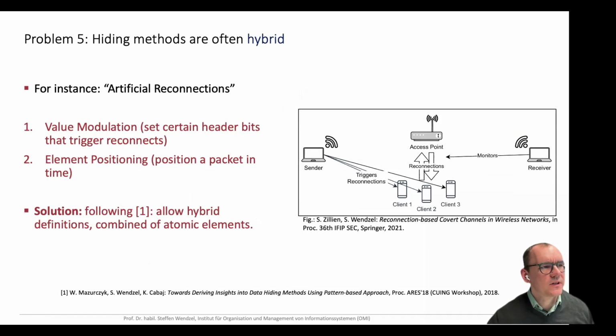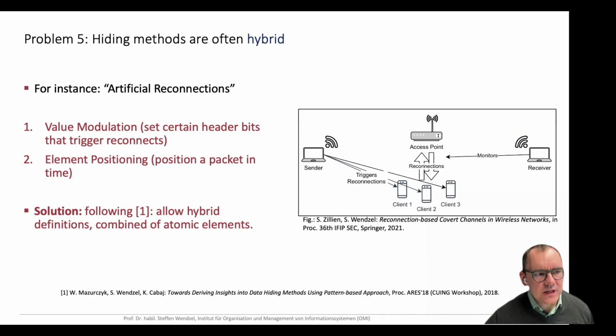Okay, problem 5. Hiding methods are often hybrid, and that was neglected by previous taxonomies. So let's take the artificial reconnections hiding method. The idea is that a sender triggers reconnects of some clients in a network and a receiver monitors that. And the order in which the clients are reconnected indicates the secret message.